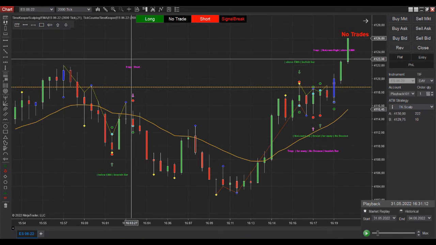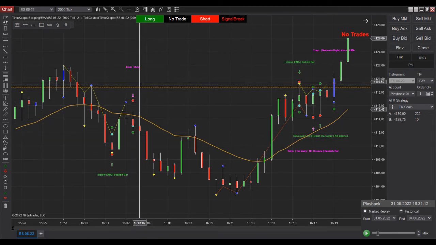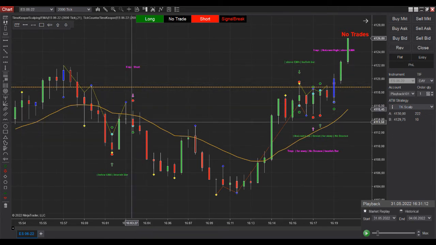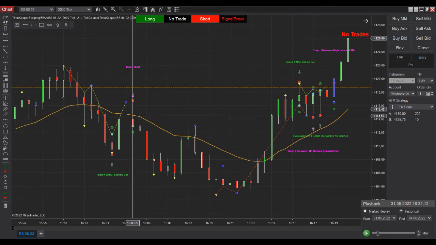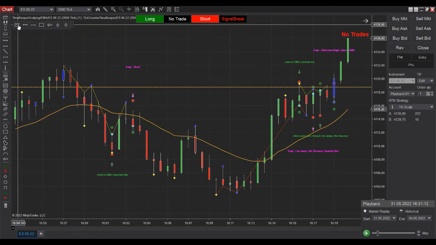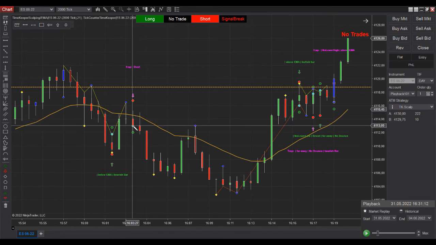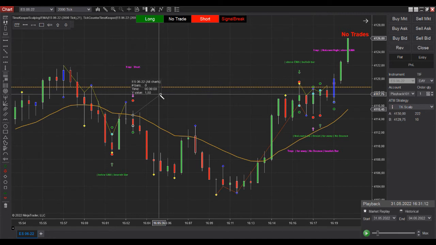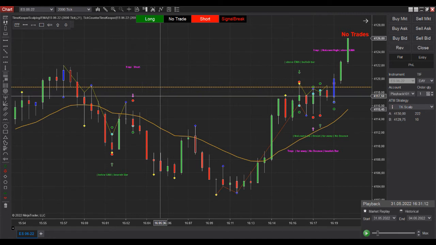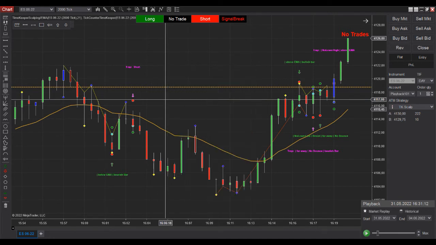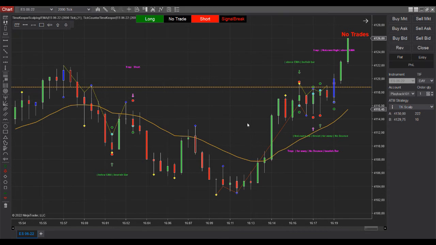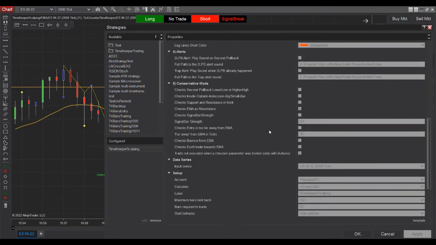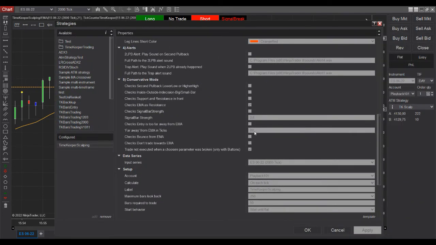For example, we have a trap setup for short here, and your entry shouldn't be too far away from this EMA. In this example, it's only 6 ticks, but you defined in this example 20, but we haven't checked it yet. 20 is the default, but you can of course change it as you like.